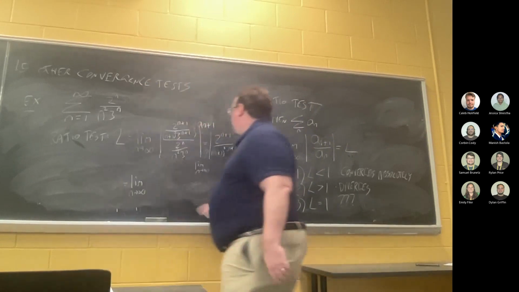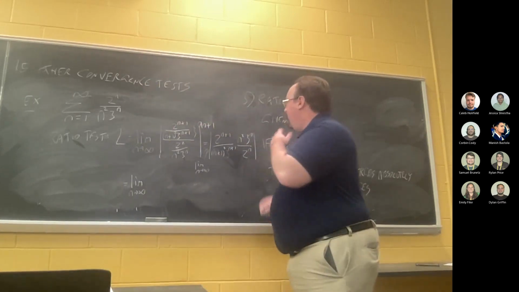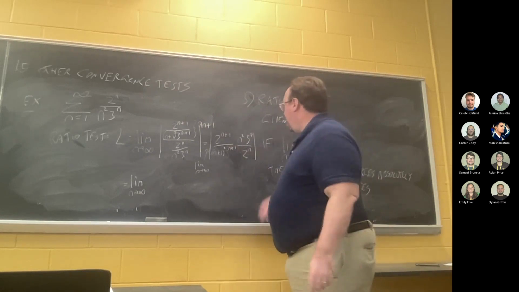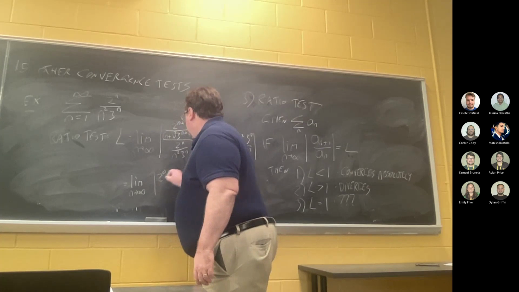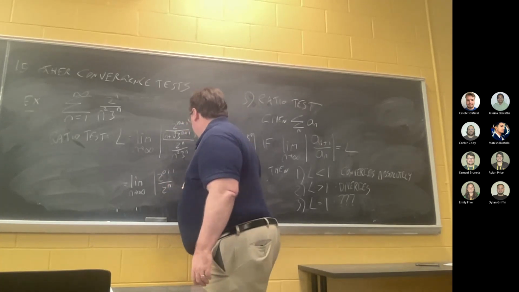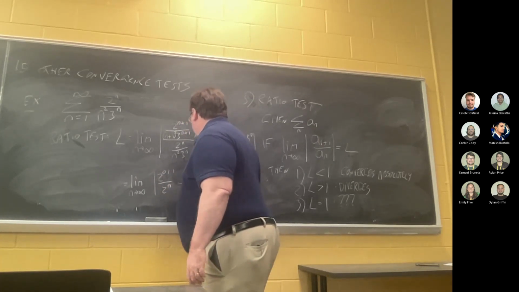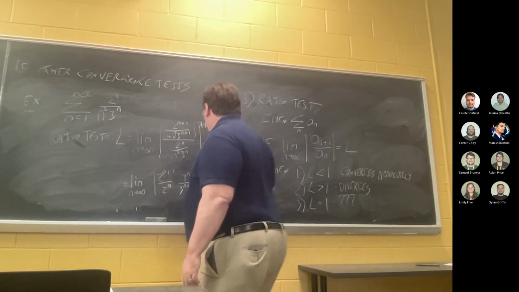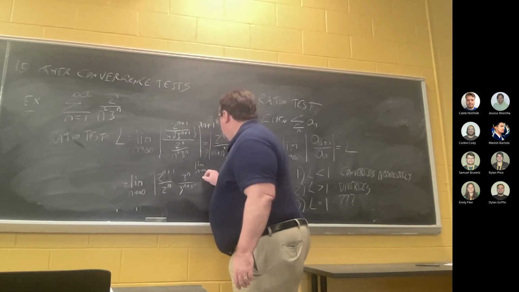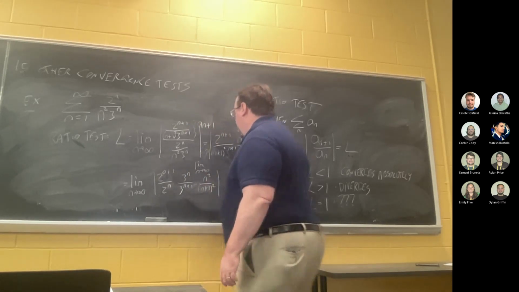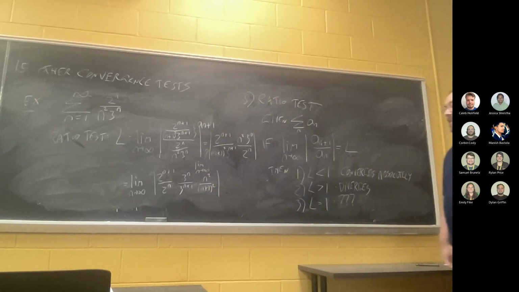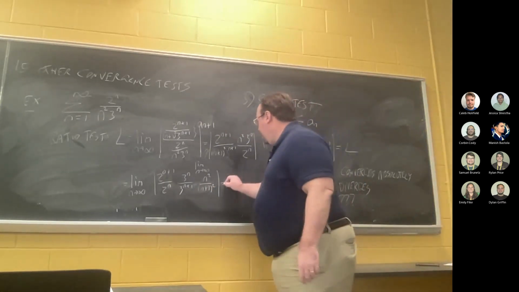So now if I group similar expressions together, for example, powers of 2, powers of 3, this square, I have 2 to the n plus 1 over 2 to the n. Then I have 3 to the n over 3 to the n plus 1. Then I have n squared over n plus 1 squared. So now we can try simplifying this as much as possible.